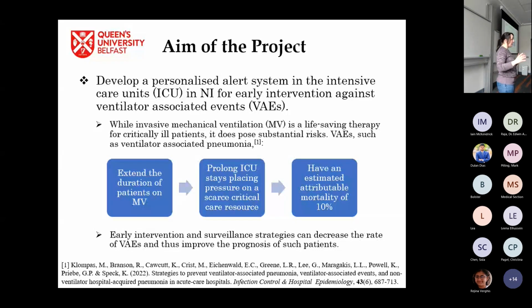If we remove the patient-type analysis and just look at critical care as a resource, then as well as having patients staying in the ICU departments longer, there is only a limited number of beds, so that has an impact from an overall perspective too. Focusing on the patient, however, if they have ventilator-associated events, they have higher mortality rates. They have a 10% attributed mortality when they have these events such as pneumonia.